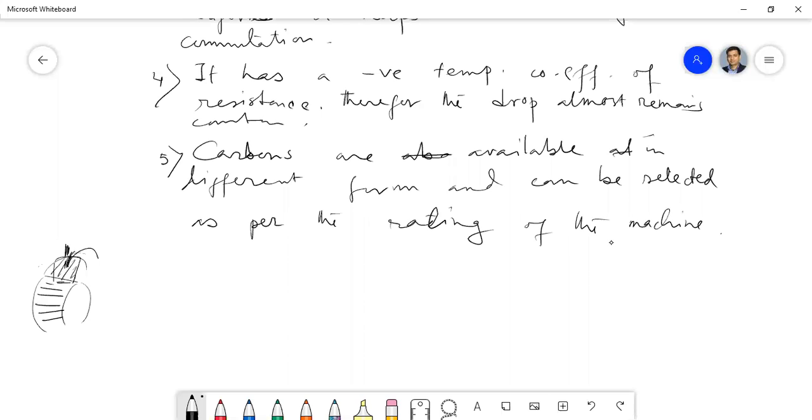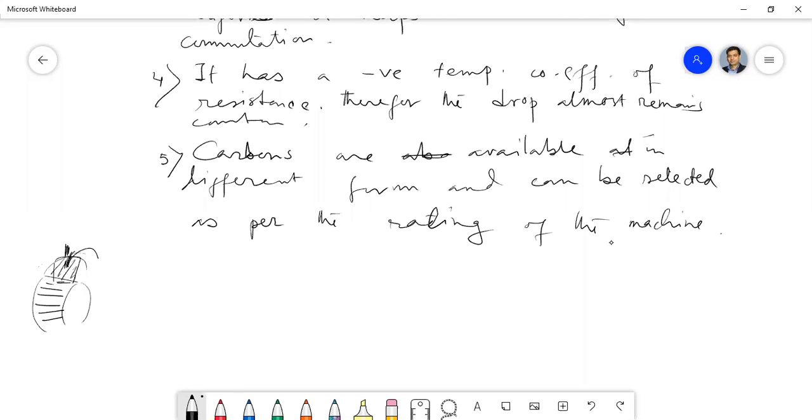Okay, so therefore we need some pressure, not like that if the pressure will be increased. Now if the length of the brushes is less, then the pressure will be less.